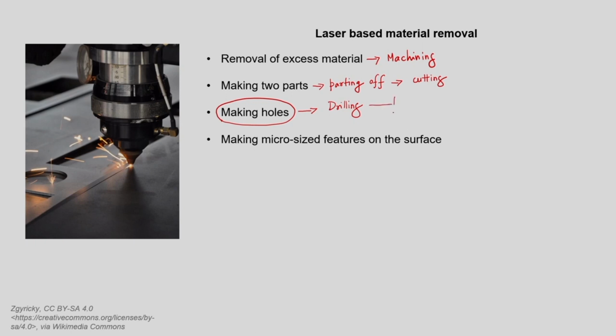So we need to generate various types of holes, which may be through holes, or we may have the blind holes. Even the drilling is being used to generate circular holes or non-circular holes.